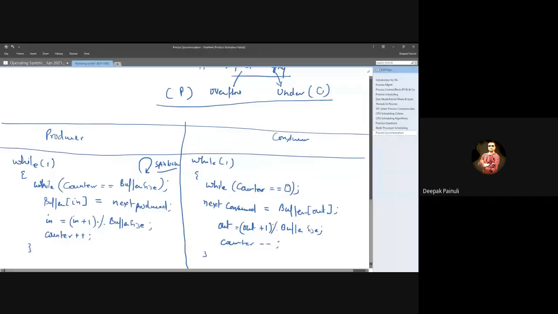Before going on to understand this code, we are addressing this code here because we only need to see where the producer and consumer are sharing some variable, right? In the producer code there is in, and this is its local variable. Similarly, in the consumer part there is out, so this is not shared, right?